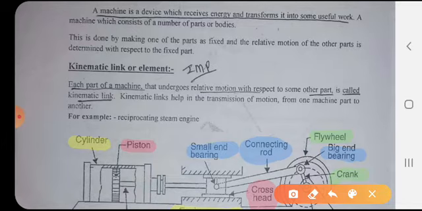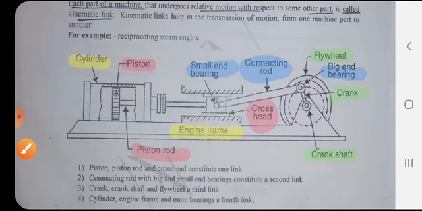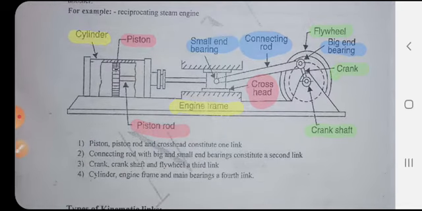For example, you can take a reciprocating steam engine. Here I shaded the parts of the reciprocating steam engine in different colors, to understand what the links are in it. The first one: piston, piston rod and cross head constitute one link, shaded in red.